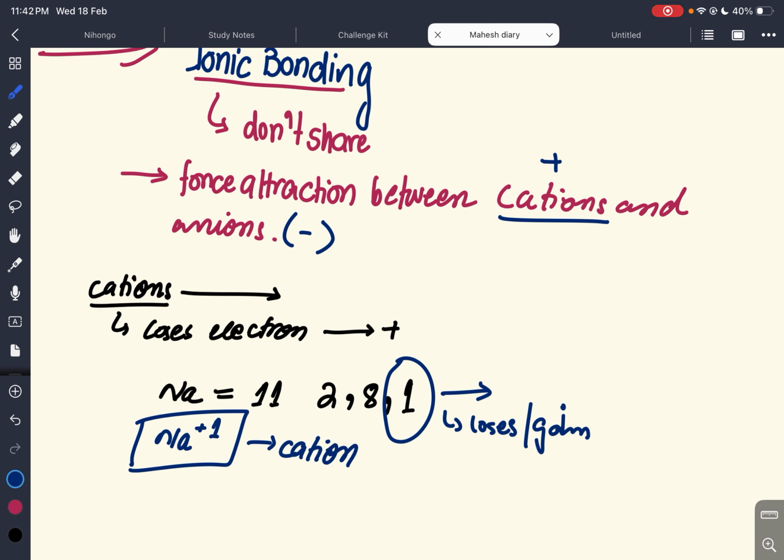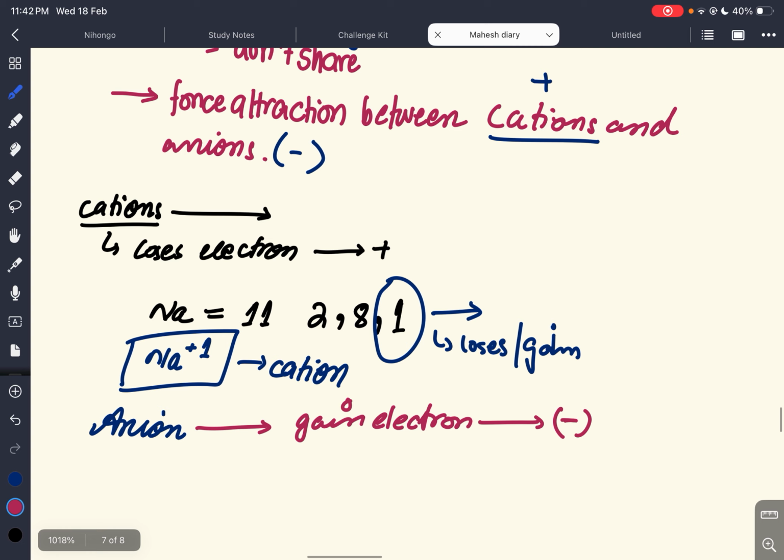And anions are the same. What they do is they gain an electron and eventually get a minus sign on them. For example, chlorine: its last shell has 7 electrons, right? That we know.